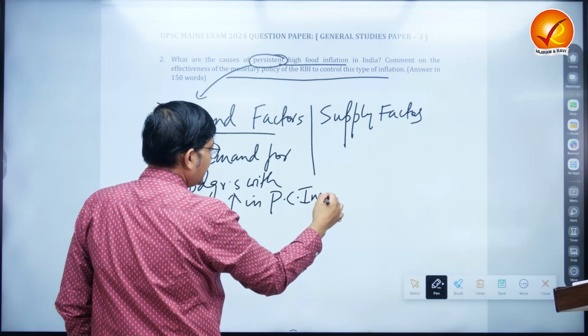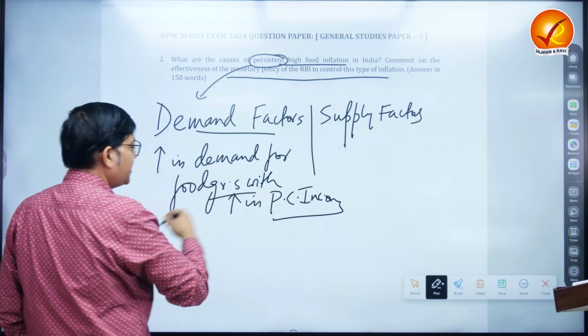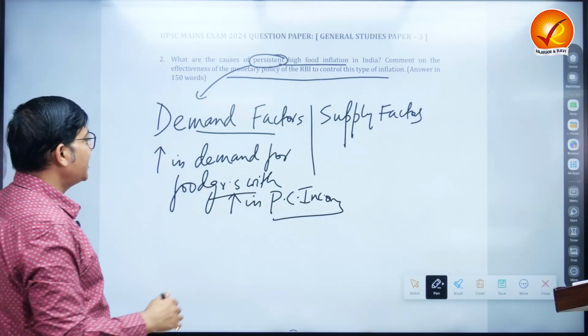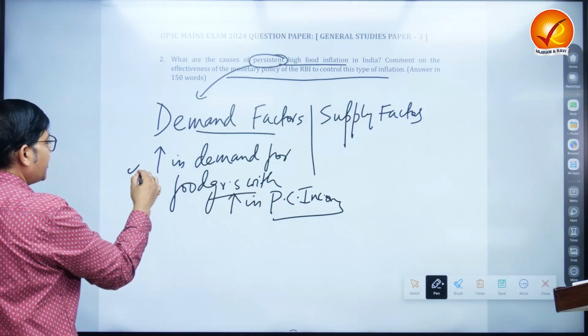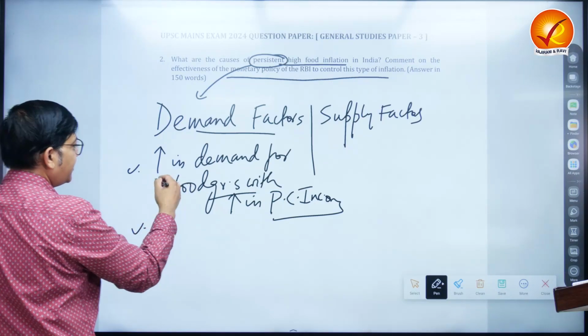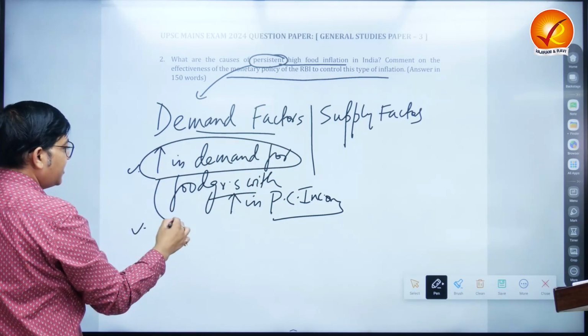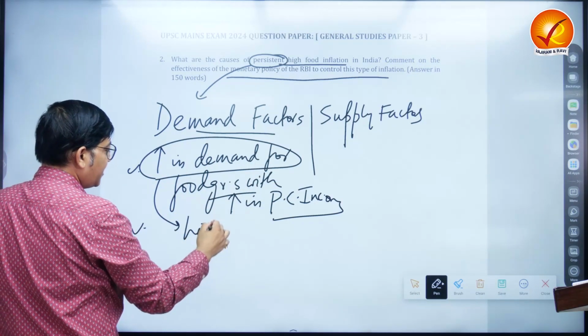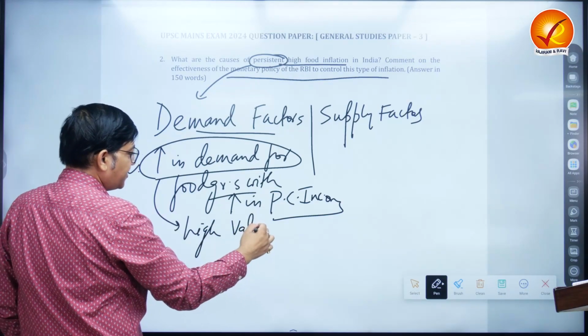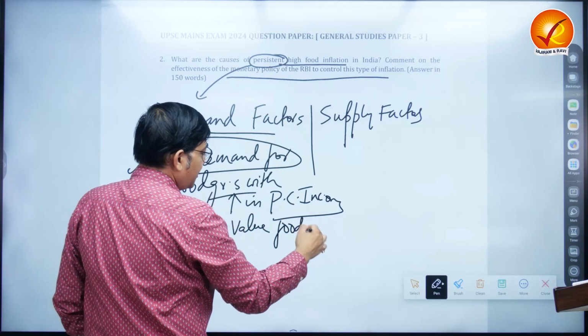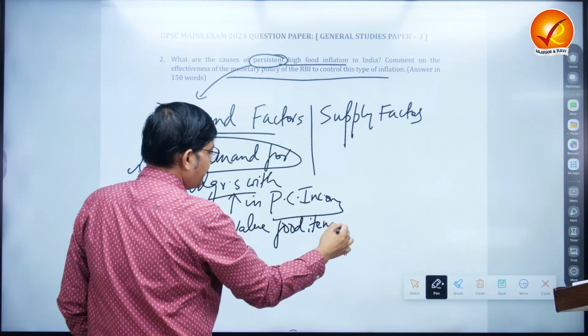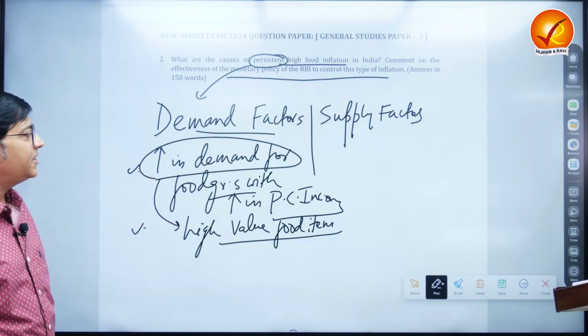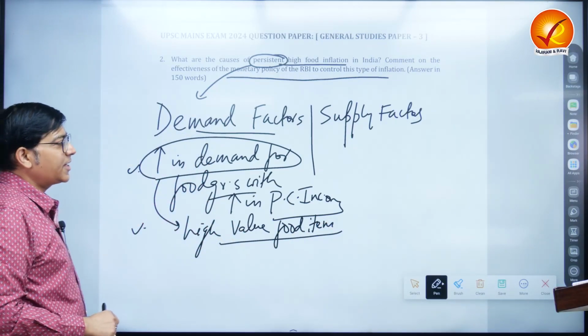Particularly you can say that in the post-reforms time period again, per capita income has increased. Recently you can also add here increase in demand for high value food items like milk, vegetables, fruits, meat, etc. These are also the factors here.